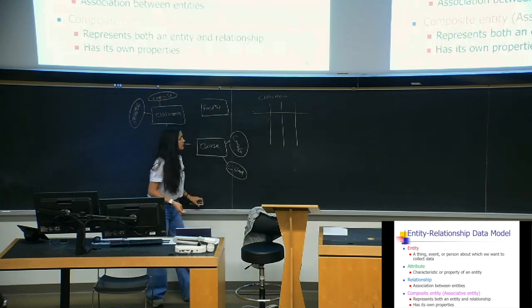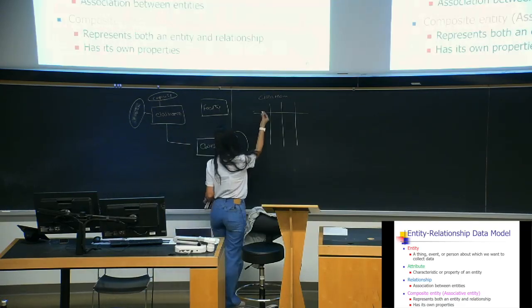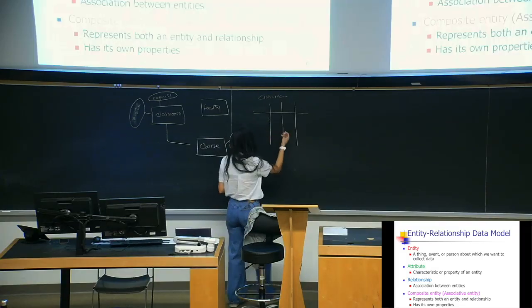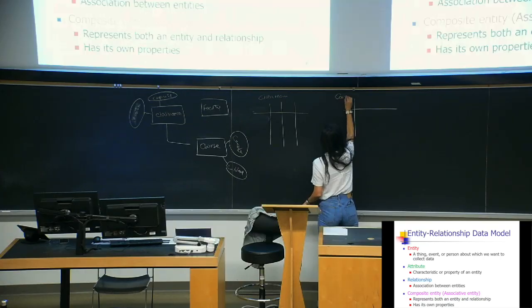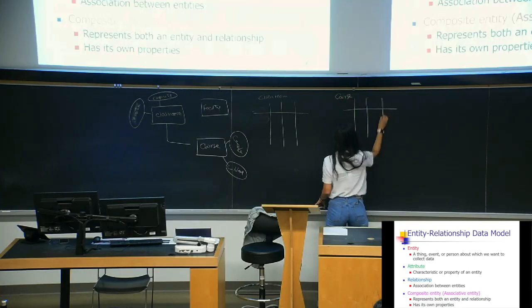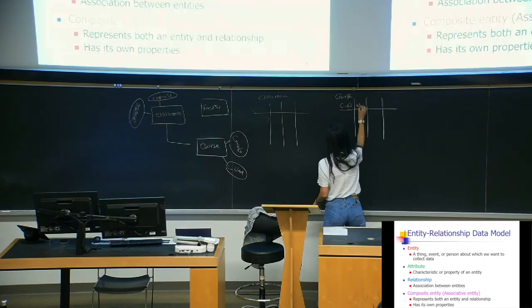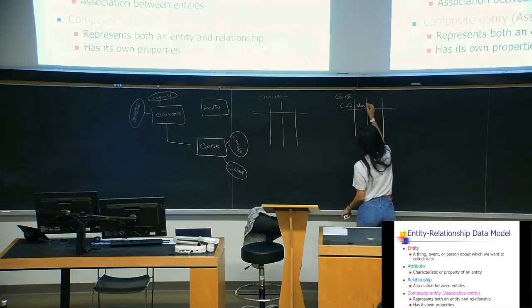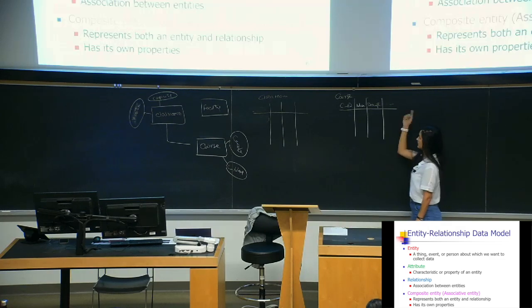Why? Because for each table, we want each row to be unique, right? So for example, if you have a course table, you will have a course ID, course name, maybe a brief description about that course, and maybe more attributes.